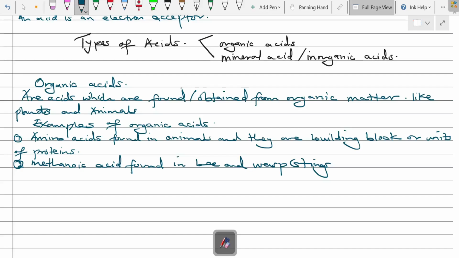Then we can have the third example of organic acid. We can have maybe ascorbic acid.